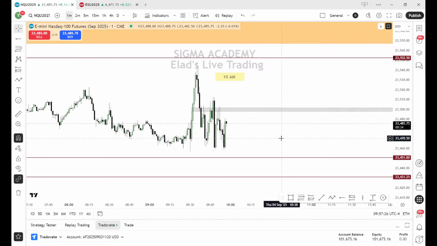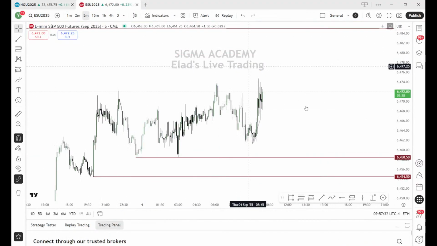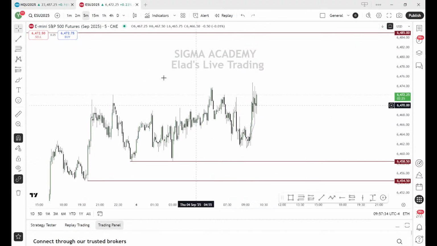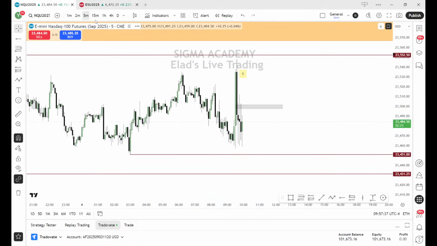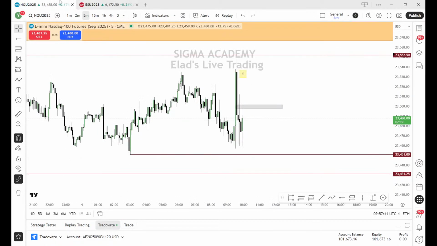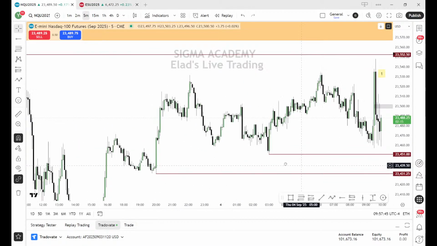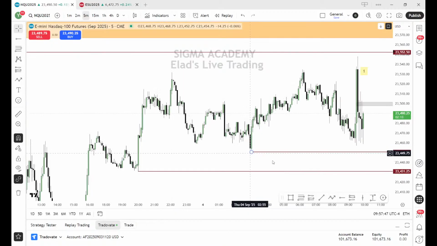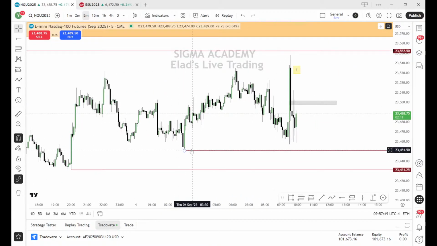Little bit choppy. Chop chop. Let's see. Yes, it is much more bullish. I want this one to be taken out. This is what I'm expecting.